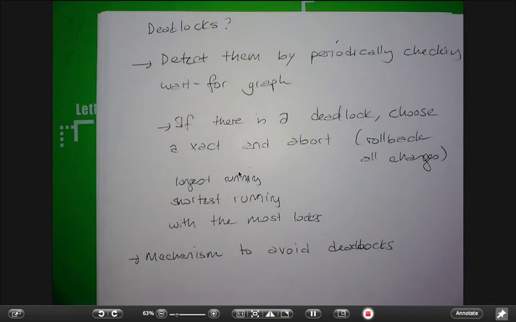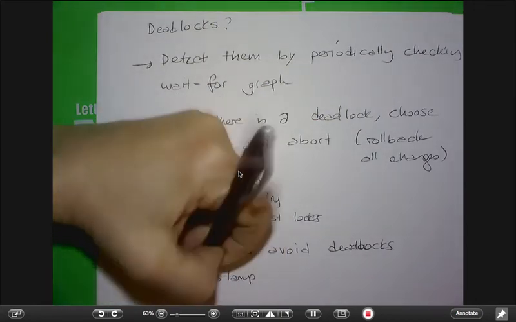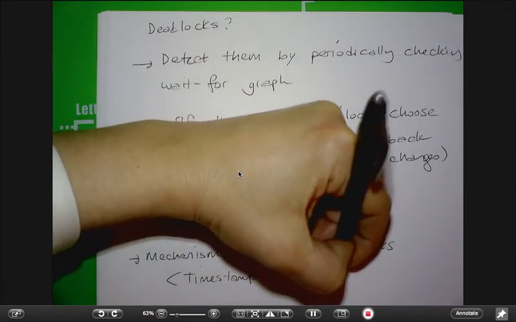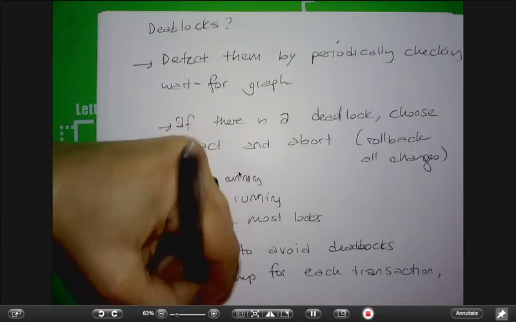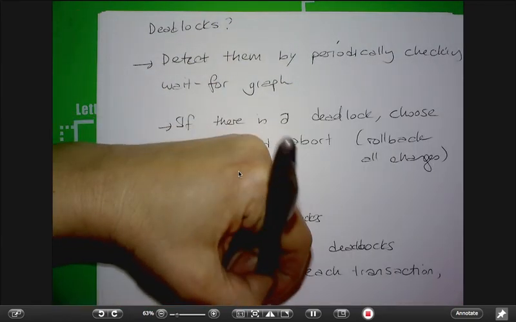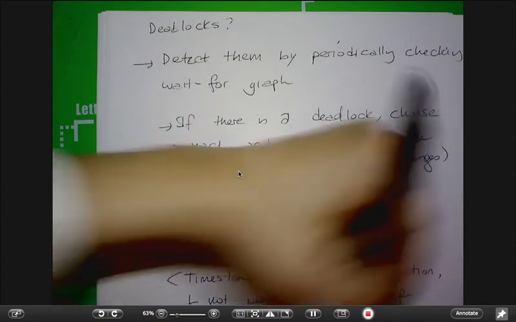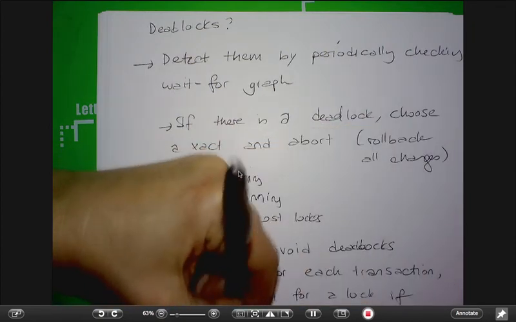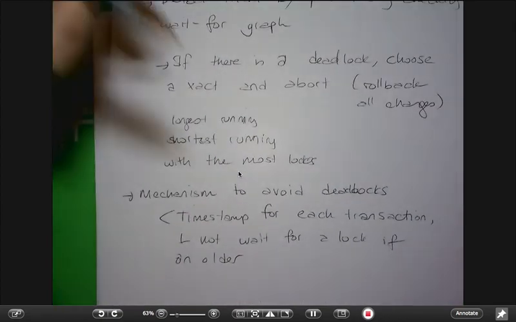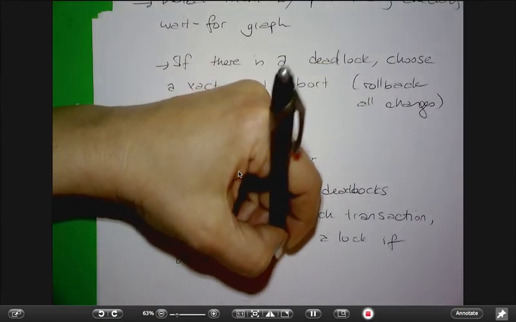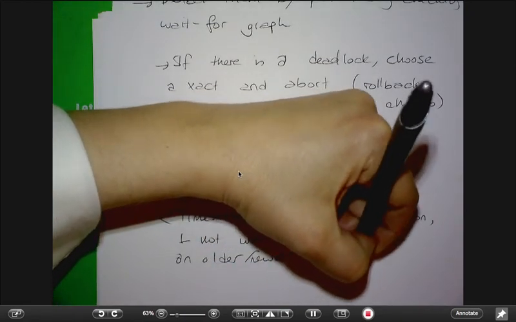So you can have a timestamp for each transaction, and not wait for a lock if, let's say, an older or newer transaction, depending on how you want to implement it, is holding a lock on that item.